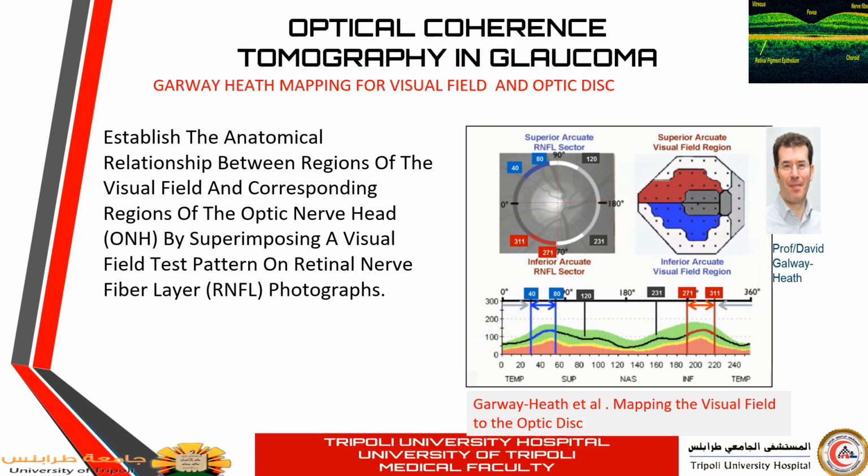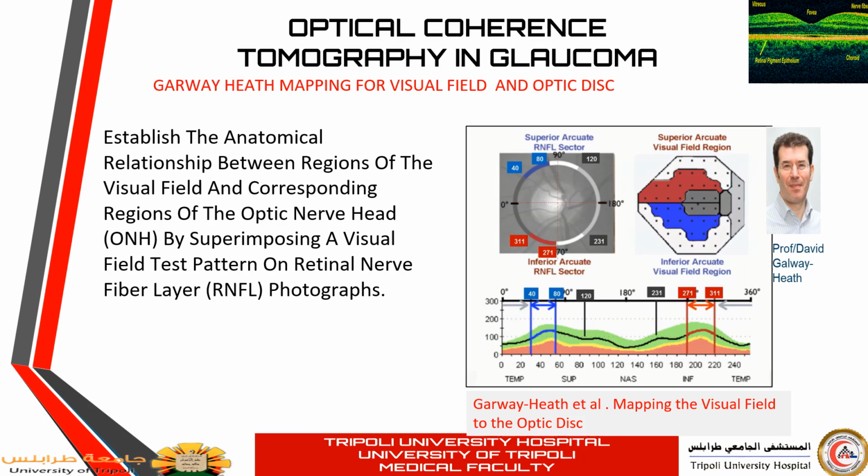As you can see here from the color present on the map, for example, the red color here inferiorly, which represents the inferior temporal fibers, is reflected back here in the visual field, this color, the upper part of the visual field.